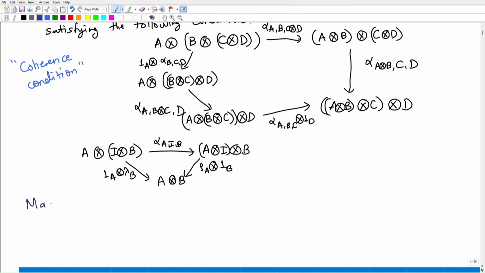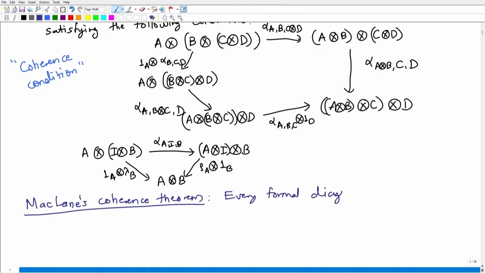So, Maclane's coherence theorem: every formal diagram formed using alpha, lambda and rho commutes.